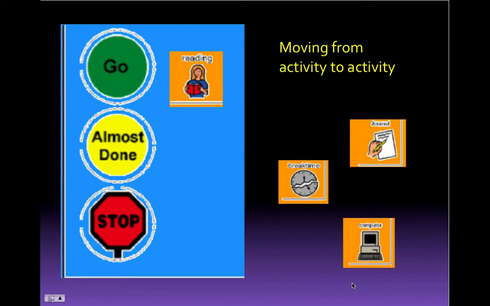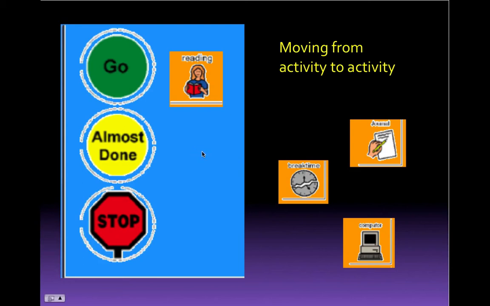So you start with the picture here at the Go stage, and then as time elapses, and it's really good to use a visual timer with this, that works really well, or as a teacher you can just gauge what the activity level is in the room, and when you want to indicate to the student that reading or the activity is almost over, you can go over and move the picture down to almost done.